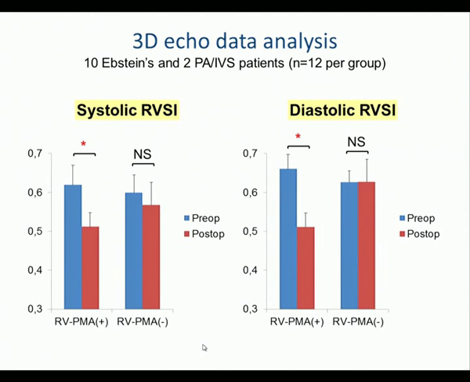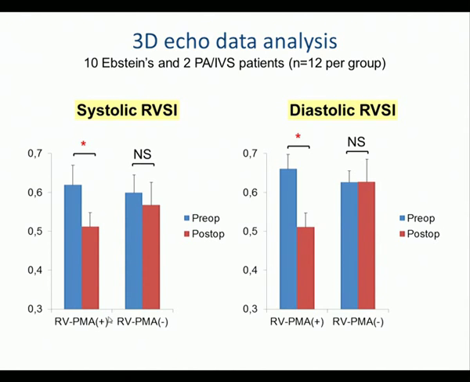But beyond durability, the important issue that we focused on was sphericity. And this is part of our clinical studies focusing on the Epsteins. What we found in those patients, both in systole and diastole, if you look at the sphericity index, in those that had the papillary muscle approximation and those that did not, this is in blue pre-op, in red post-op.